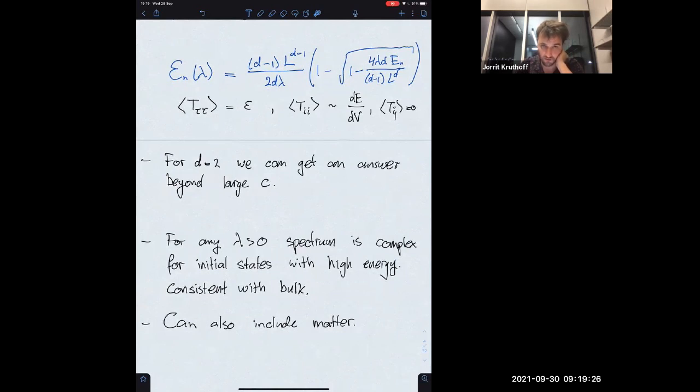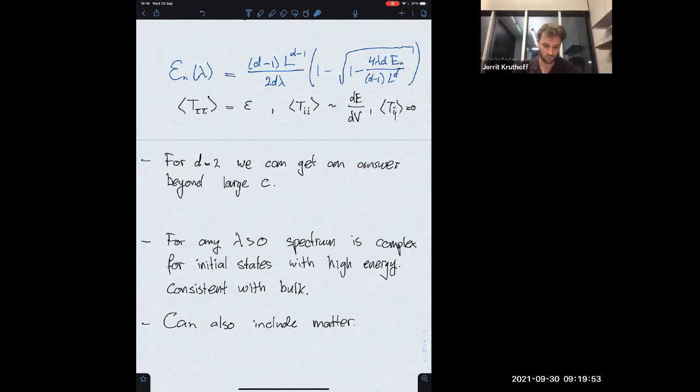In the bulk, these states describe black holes. When the cutoff surface goes inside the horizon, that's precisely the location where the spectrum complexifies, and G_tt in the bulk changes sign.